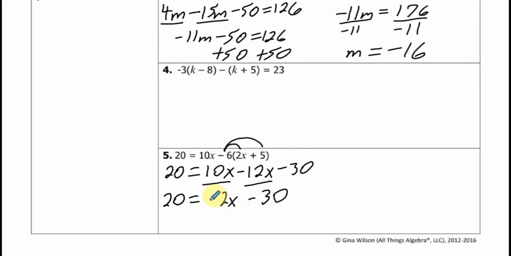And then once again, you're going to get x by itself in the reverse order of operations. It's negative 2 times x minus 30. So again, we're doing it in the reverse order, so we get rid of minus first. So add 30 on both sides.